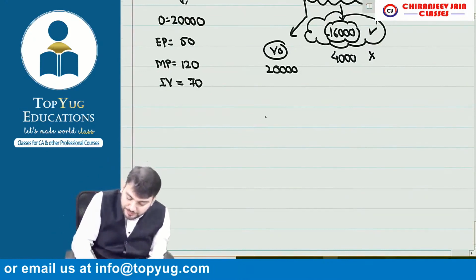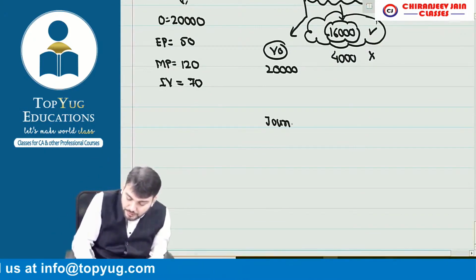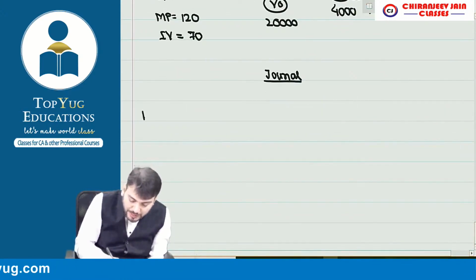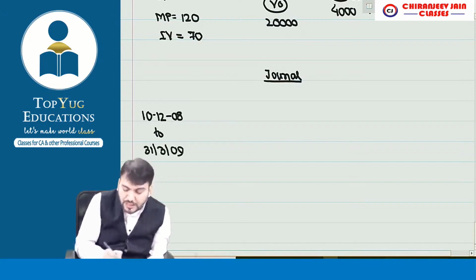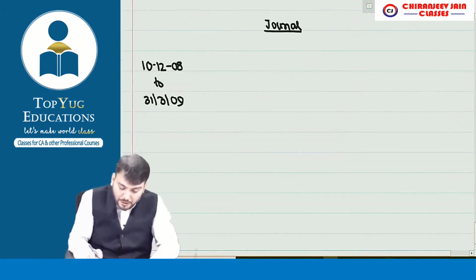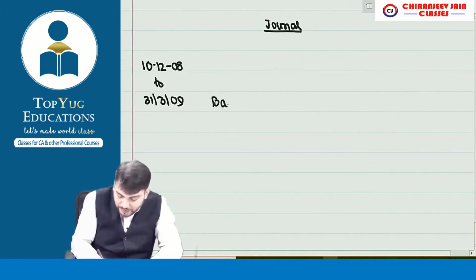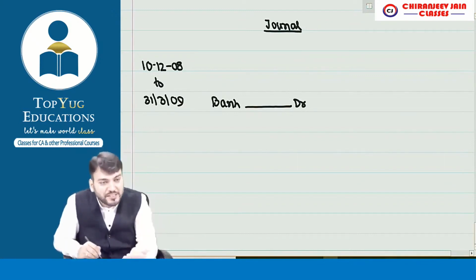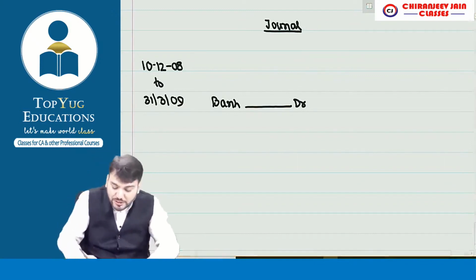So I'm just writing the journal entries. The journal entries will be from 10/12/2008 to 31st March 2009, because they have not given the date. So directly we should recognize expense for 16,000 shares. Tell me, exercise money will be received for 16,000 shares.